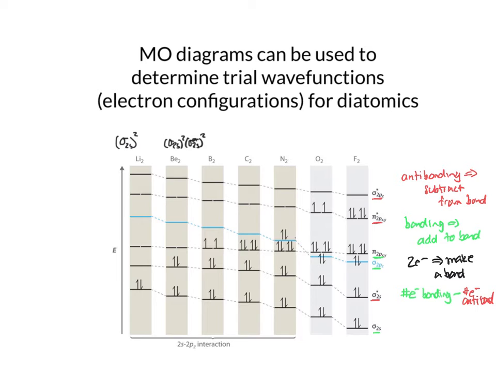Then if I divide that number by 2, that tells me the number of bonds, or the bond order, between the two atoms.